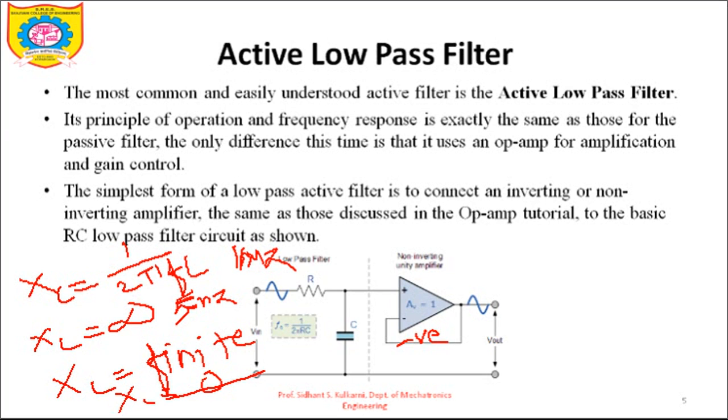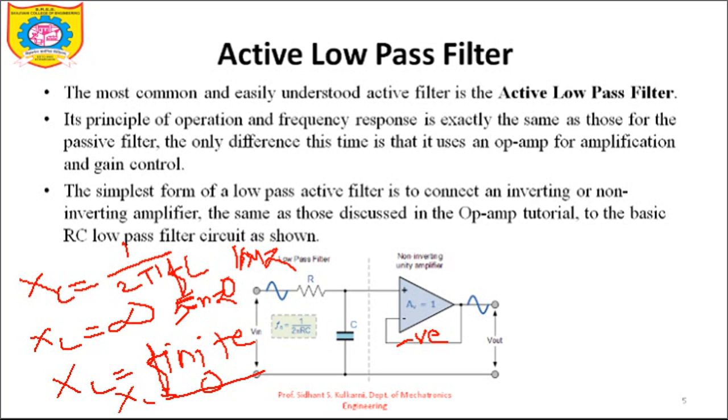So low frequency components are passed to the op amp, where they will get amplified, but for high frequency components, it will give 0 impedance and act as a short circuit, and those components will not be given to the op amp.